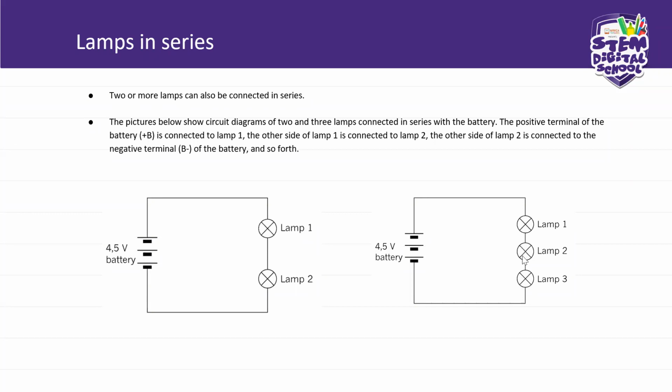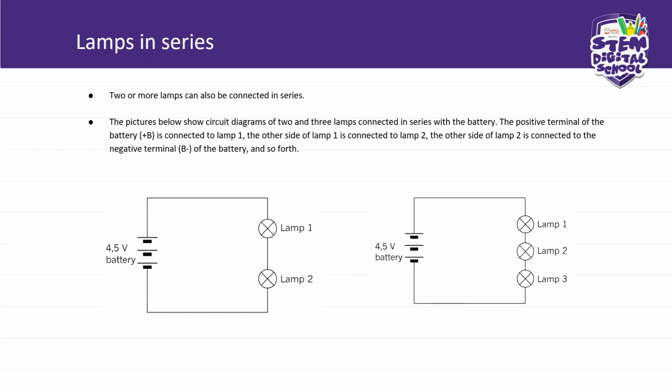Okay, from the circuits that you have done in previous grades, let's talk about this. What do you predict here? How is the light intensity of this circuit compared to the light intensity of this one?